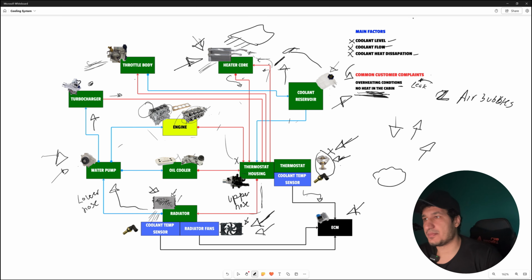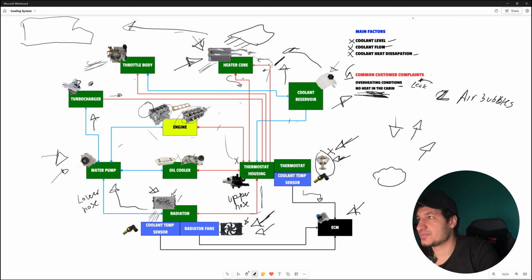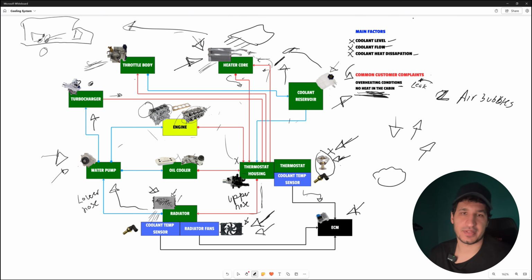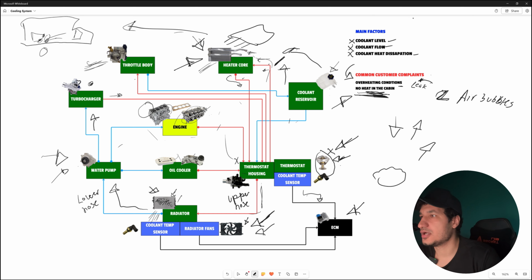On bigger SUVs, they'll have a second heater core all the way at the back of the vehicle. So they'll have one at the front and one at the rear with lines going to them. The air bubble was probably around here or near the second heater core, and that's why he was complaining of no heat at the rear of the car.